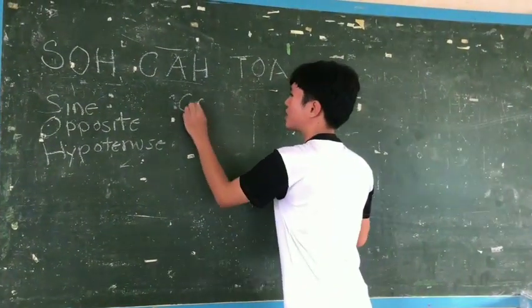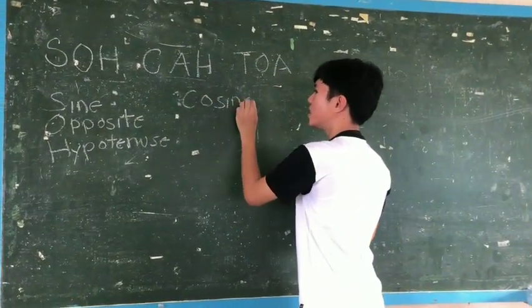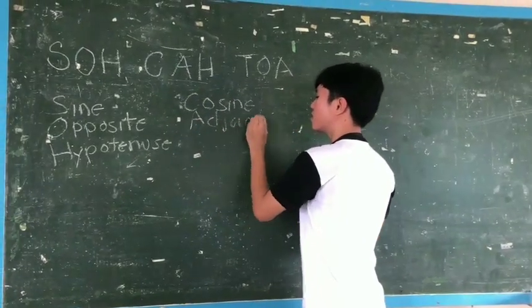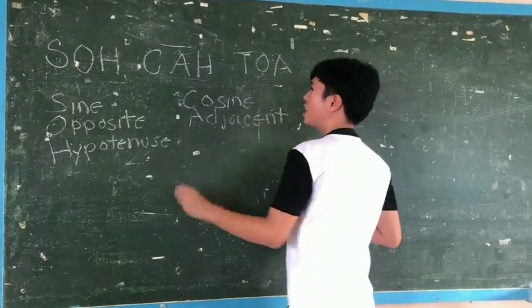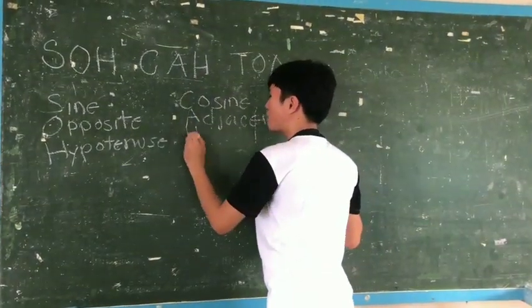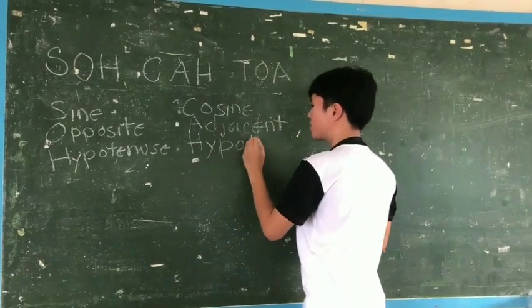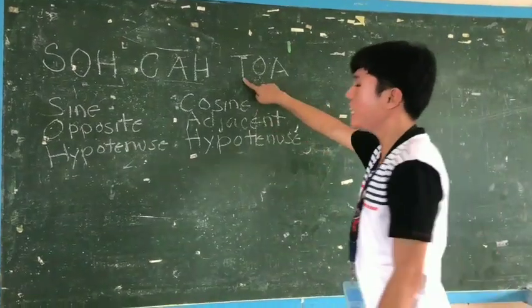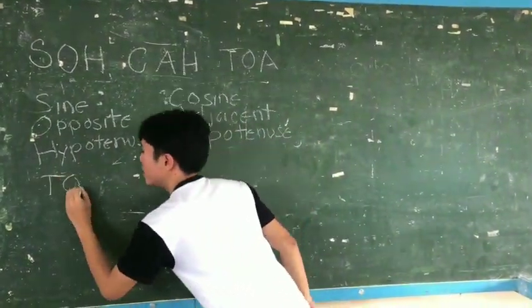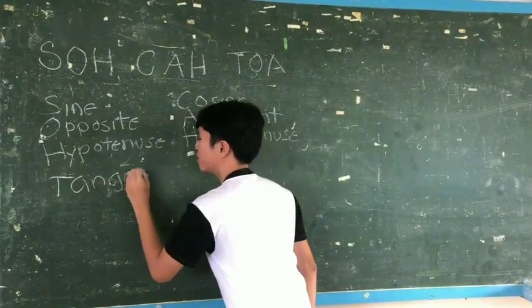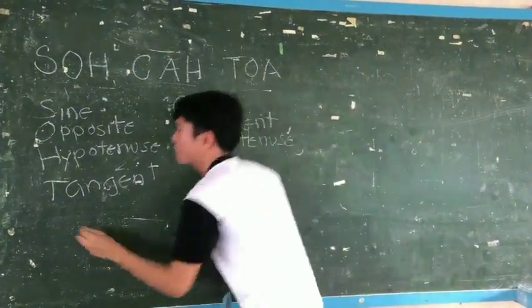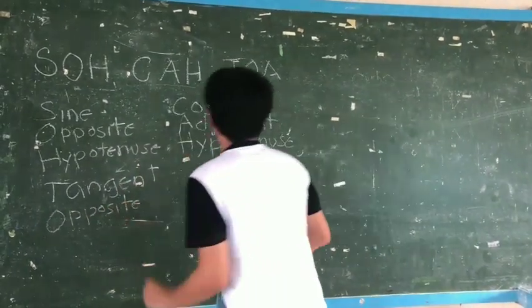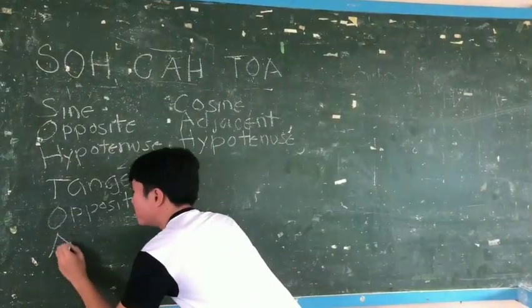C stands for cosine, A stands for adjacent, and H stands for hypotenuse. T stands for tangent, O stands for opposite, and A stands for adjacent.